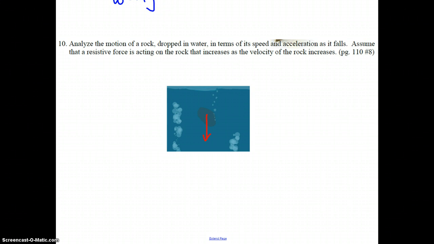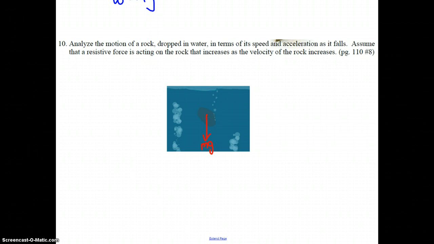And of course, the easiest one to label is the weight down. And something that we do with this, yes, you could put Fg or you could put w, but often what we do for this force, because it's the weight of the object, is we just substitute, and I'll erase these two, and we just put mg. Okay, and again, that's a preference thing.